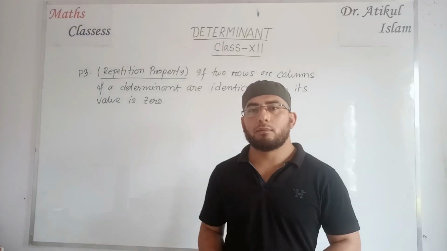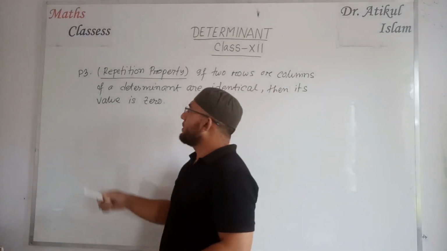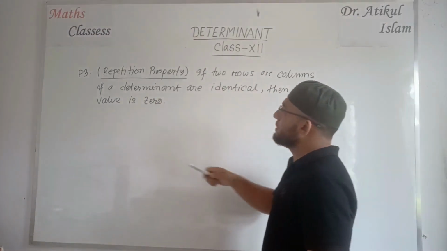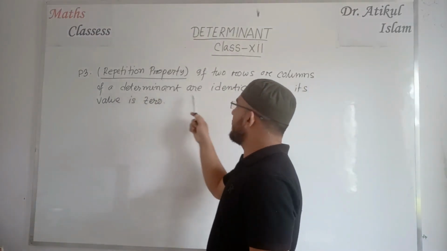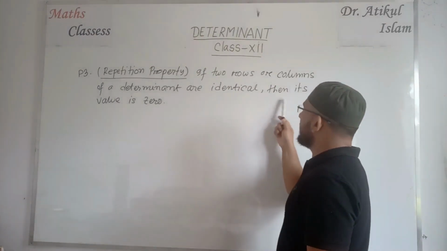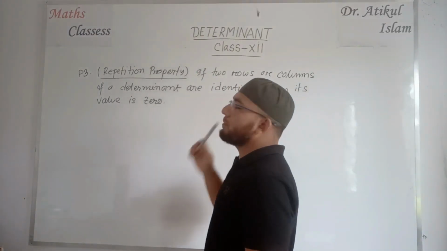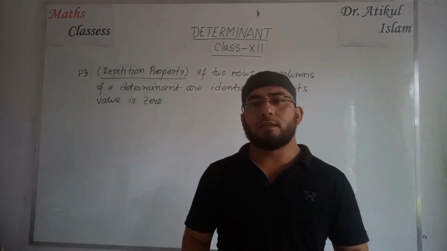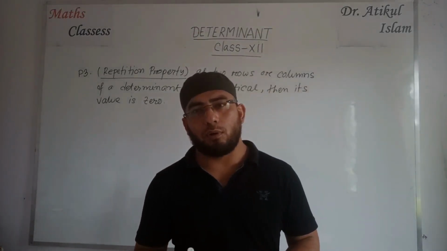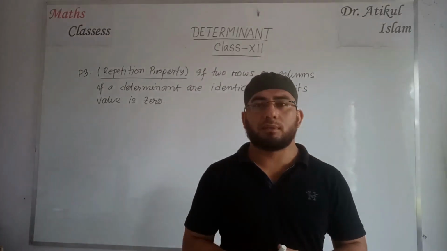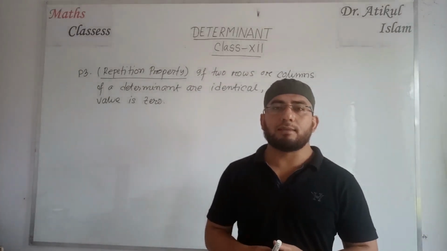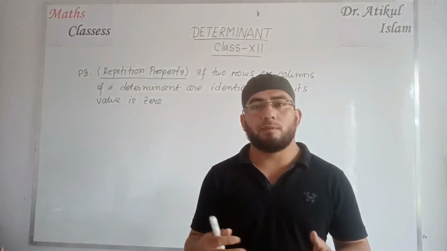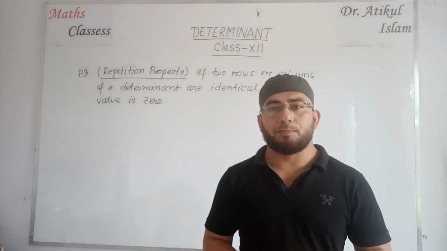Now move to property 3. Here, if two rows or columns of a determinant are identical, then its value is zero. In case of a determinant, if any two rows or columns are the same, that is, all elements are the same, then the determinant value should be 0.